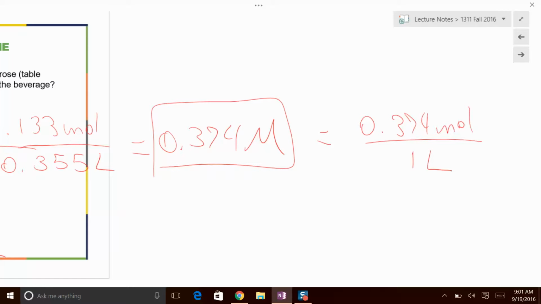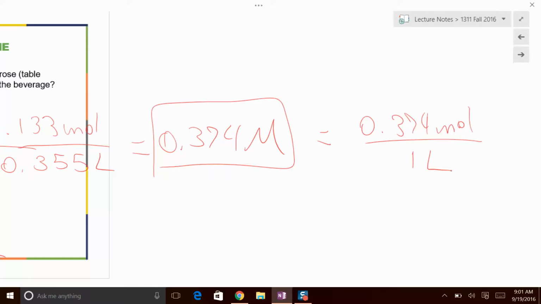Okay? And if I was going to prepare a 0.374 molar solution in 1 liter, how many moles would I need? 0.374 moles. And I would need to dissolve it into 1 liter, and I would make a 0.374 molar solution of it.